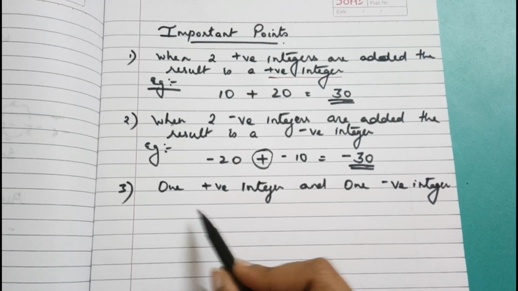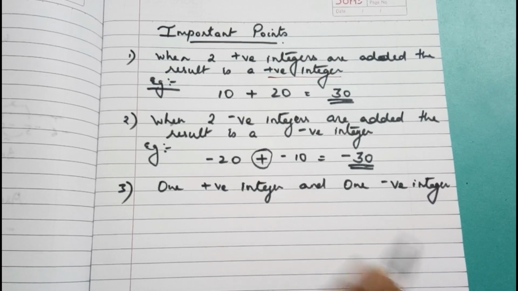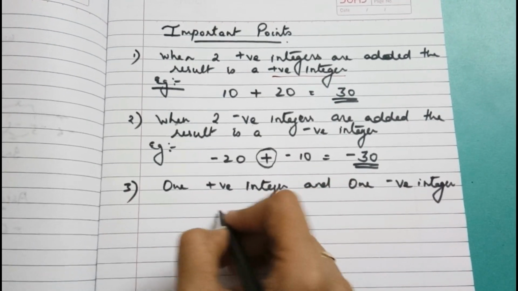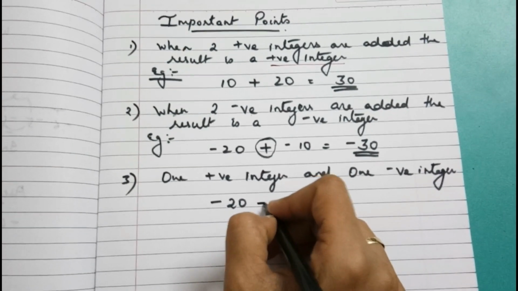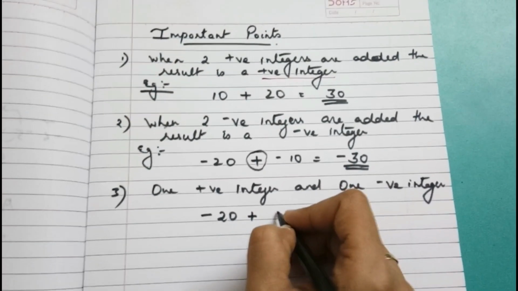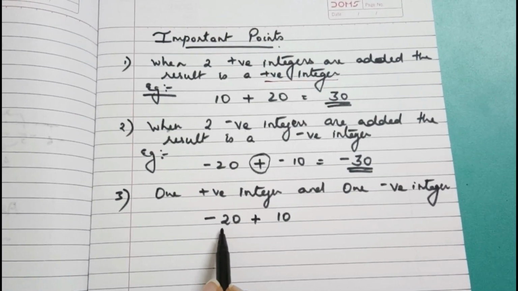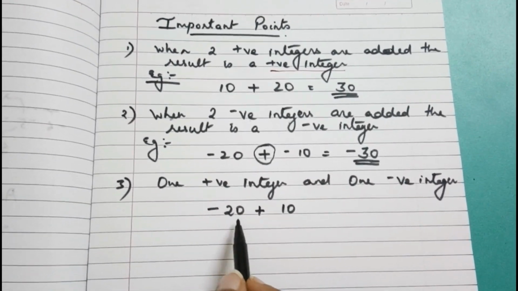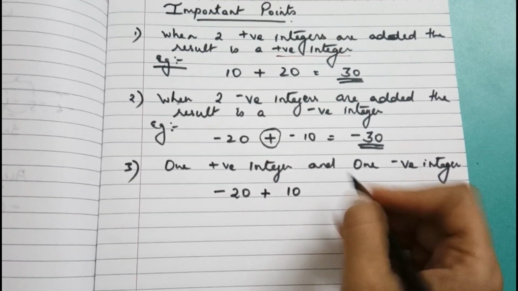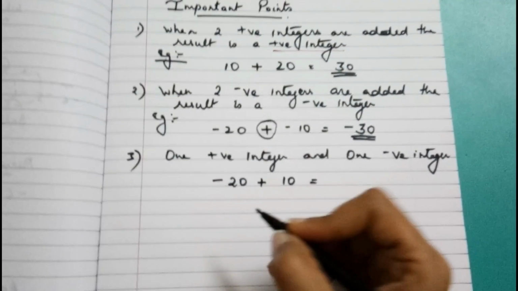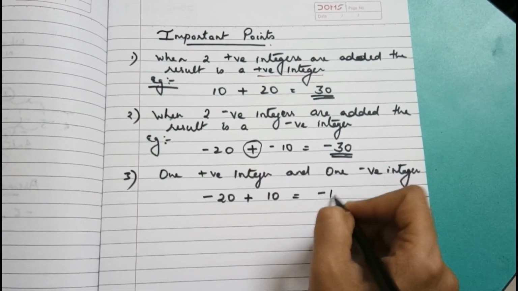Say for example, minus 20 plus 10, which means here minus 20 is a negative integer and 10 is a positive integer. So now how to calculate this? The result will be minus 10.